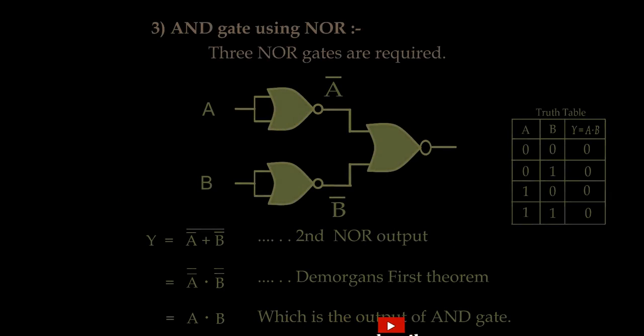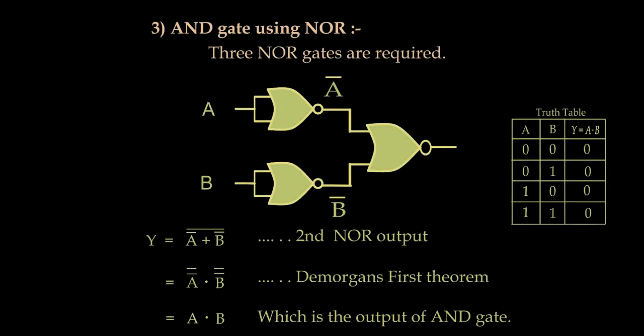Third, we will construct an AND gate using NOR gates. To construct an AND gate by NOR gates, three NOR gates are required. First of all, we will complement both the inputs using the first and second NOR gates. Then these complemented outputs are again given to a NOR gate. So here at the third NOR gate, the inputs will be a complement and b complement. They are again complemented at the output. So at the output, y equal to (a complement plus b complement) whole complement will be there.